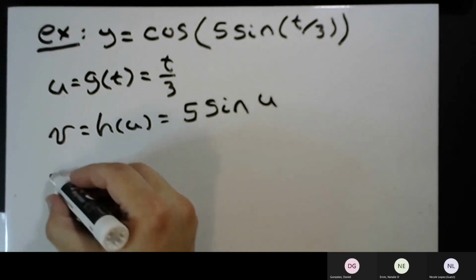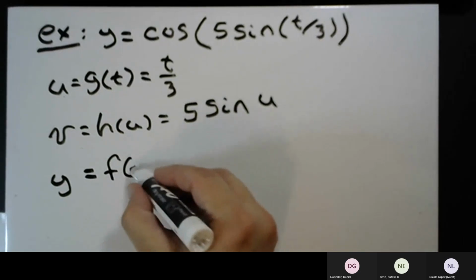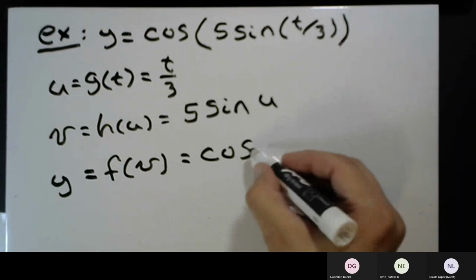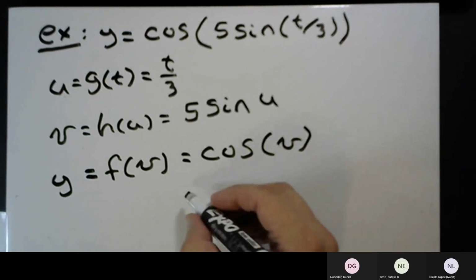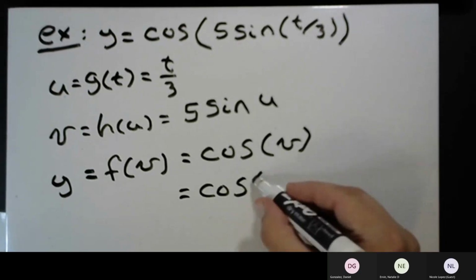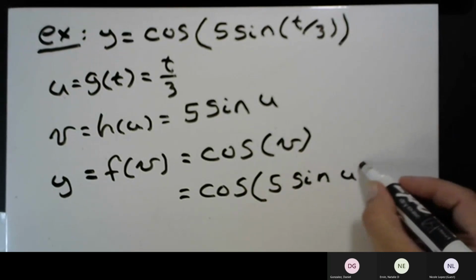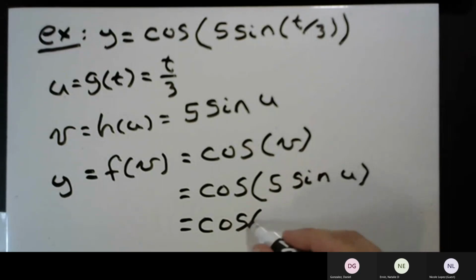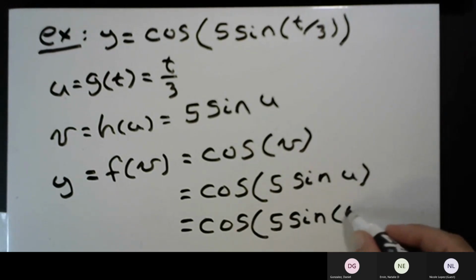Then we're going to have y, which will be f of v, which will be the cosine of v. And just to reiterate, which happens to be the cosine of 5 sine of u, which is going to be, of course, our cosine of 5 sine t over 3.